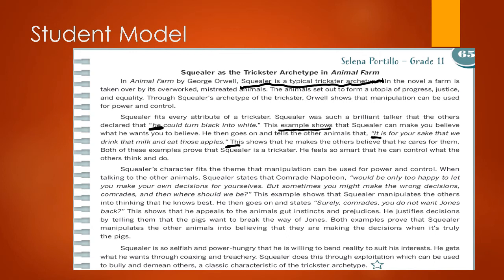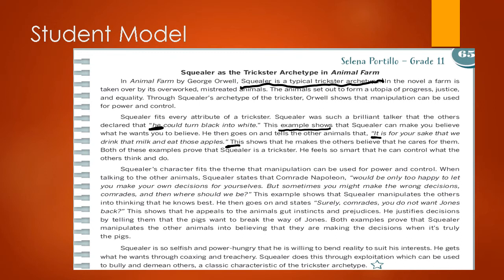This example shows that Squealer manipulates the others into thinking that he knows best. He then goes on and states, surely, comrades, you do not want Jones back. This shows that he appeals to the animals' gut instincts and prejudices. He justifies decisions by telling them that the pigs want to break the way of Jones. Both examples prove that Squealer manipulates the other animals into believing that they are making the decisions when it is truly the pigs.